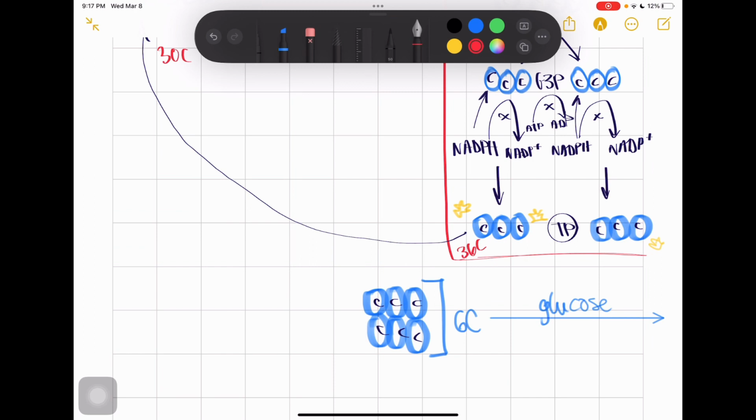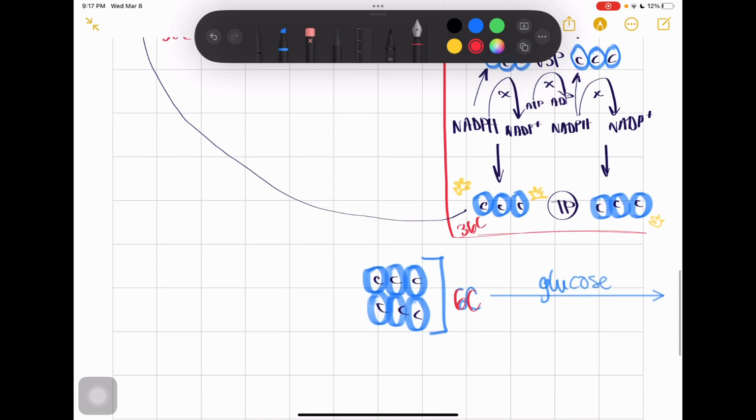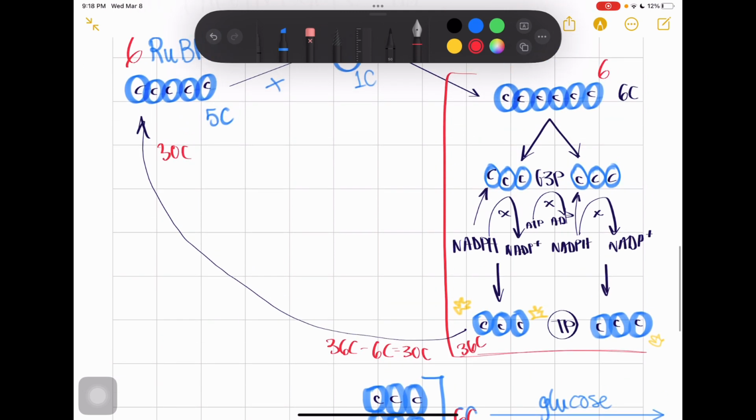After we took these 6 Cs away to make glucose, we're going to have 36 Cs minus 6 Cs, so we're going to have 30 Cs again. Oh, look at that. In this cyclic metabolic pathway, to get to 30 Cs again, we have accomplished it. Tick. Okay, beautiful.